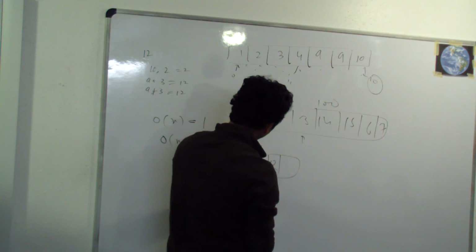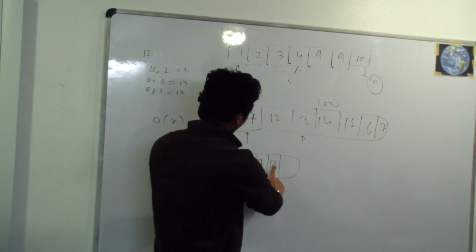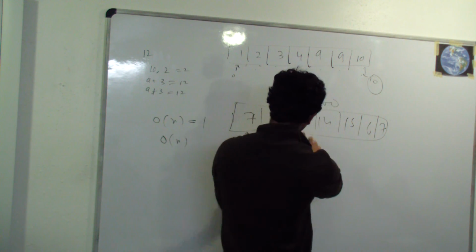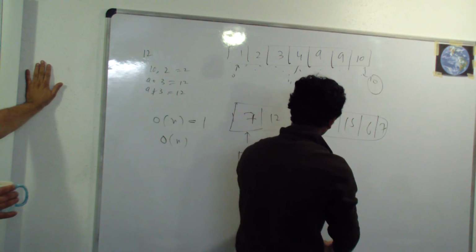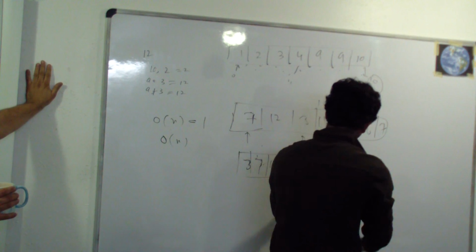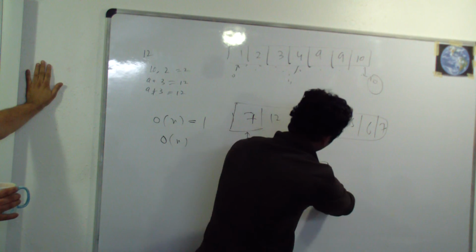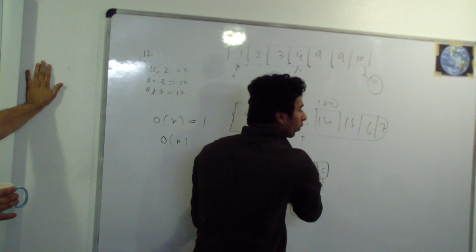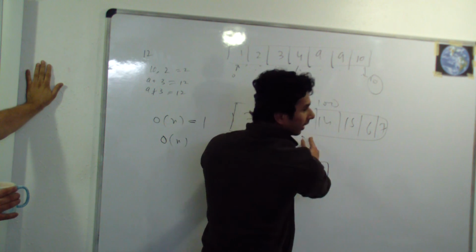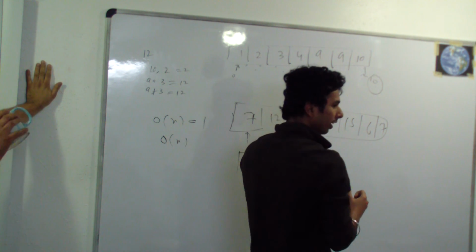Let's say 3 and 7 are swapped. Now you go ahead again. What's next? 14, then 15, which is sorted. Then 6. In order to get to the 6, you compare all those values again before that. So you're going over the array again and again. That makes it n squared.